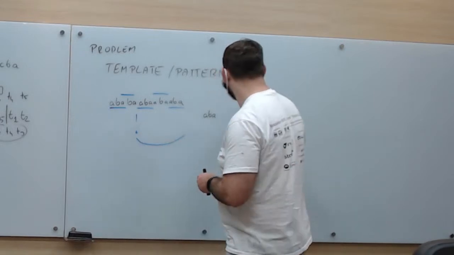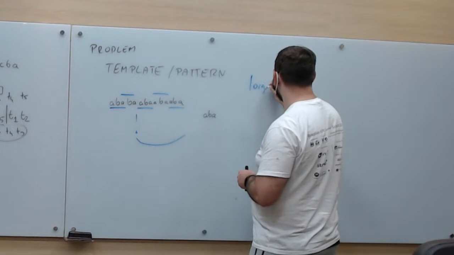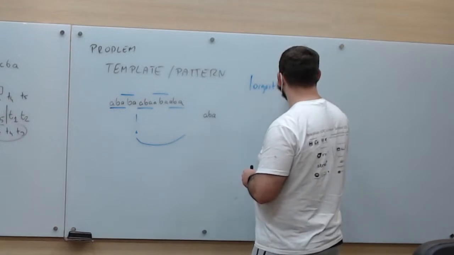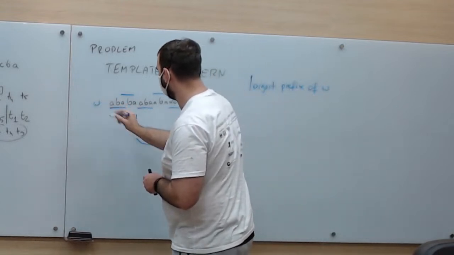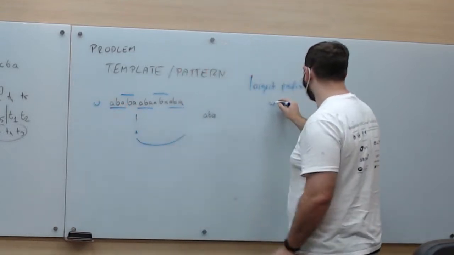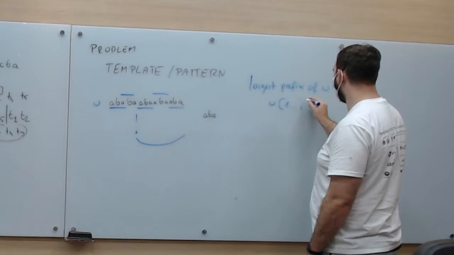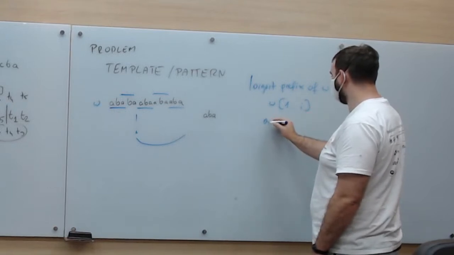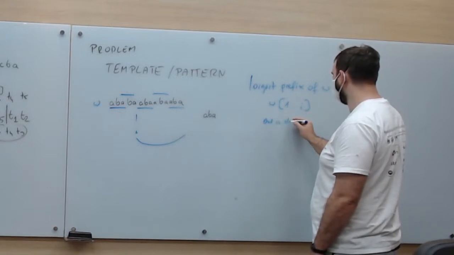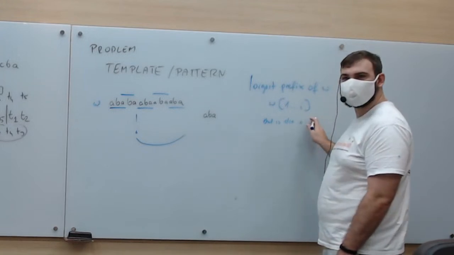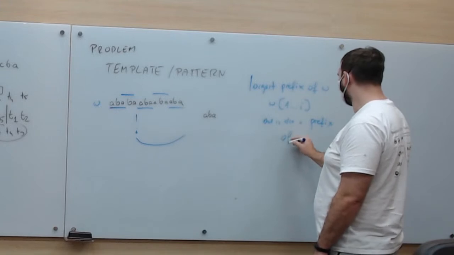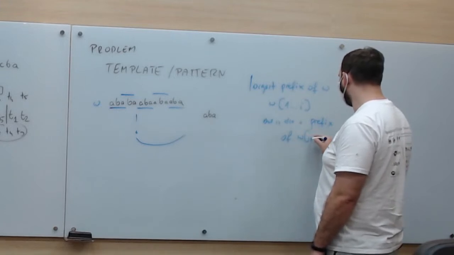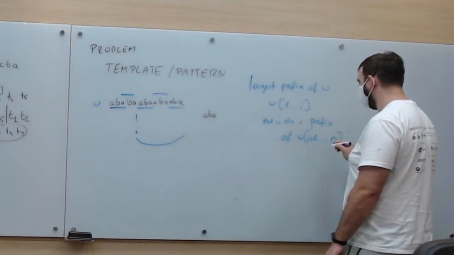Okay, so let me try to write it. Largest prefix of W. So it will be W from 1 to I, that is also a prefix here of W from I plus 1 to n, something like that.